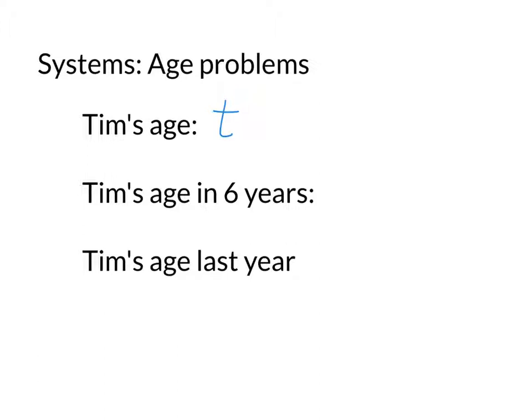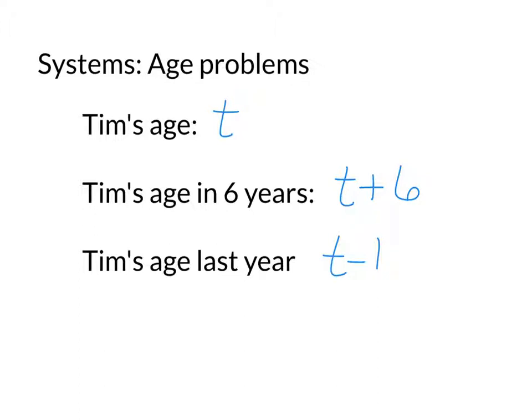If currently, right now, his age is T years, how old is he in 6 years? He would be T plus 6. Last year, how old would he be? He would be T minus 1. So these are all different expressions that we could write to represent different things based on someone's age.